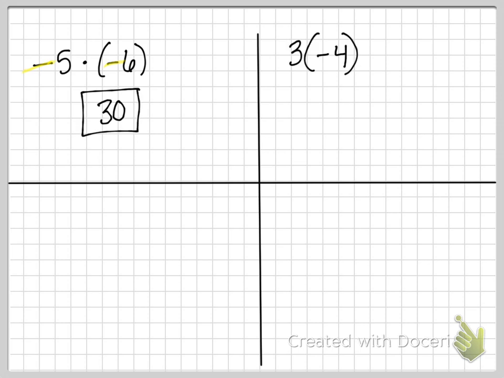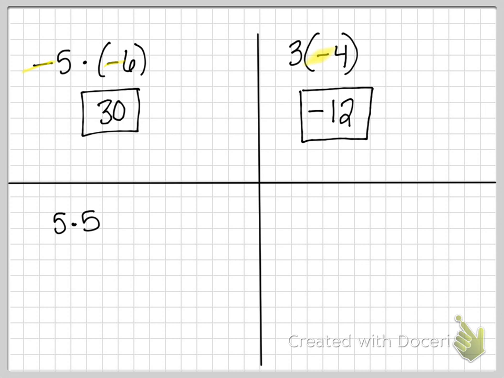Now, we have 3 times a negative 4, meaning the signs are different. The sign of my answer will be negative. Tate, what's my answer? Negative 12. I do my multiplication the same. 3 times 4 is 12. But my answer is negative because the signs were different. Okay?